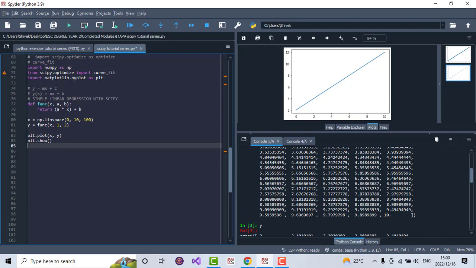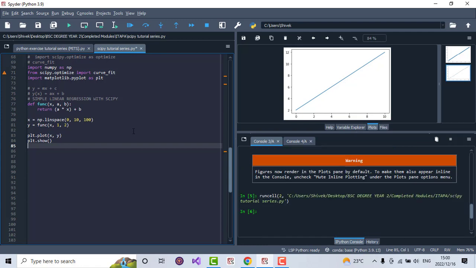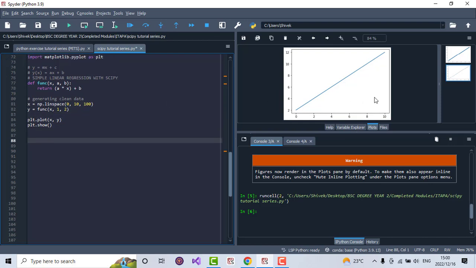Now, oftentimes we refer to data such as this as clean data. Okay, so let me add a comment here: generating clean data. The reason we do that is because, have a look at this visualization itself. This data is, in inverted commas, perfect, and in the real world we do not get perfect things, especially data.